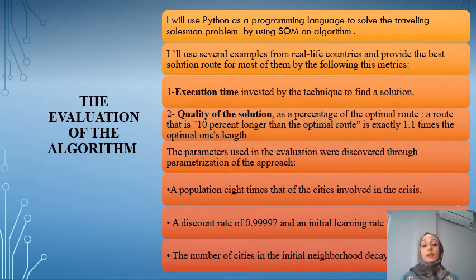The parameters used in the evaluation were discovered through parameterization of the approach: a population 8 times that of the cities involved in the problem, a discount rate of 0.9997, an initial learning rate of 0.9, and an initial neighborhood decay of 0.9997.